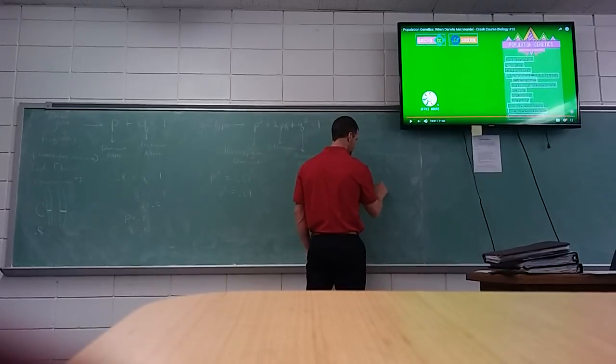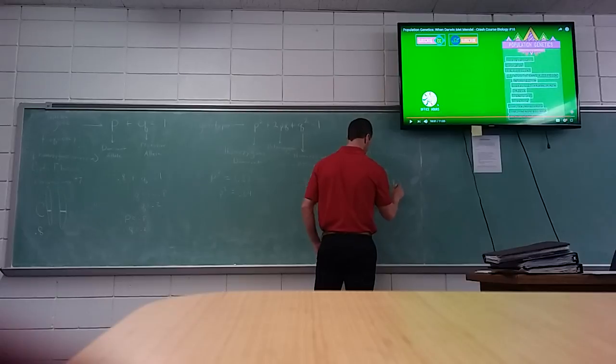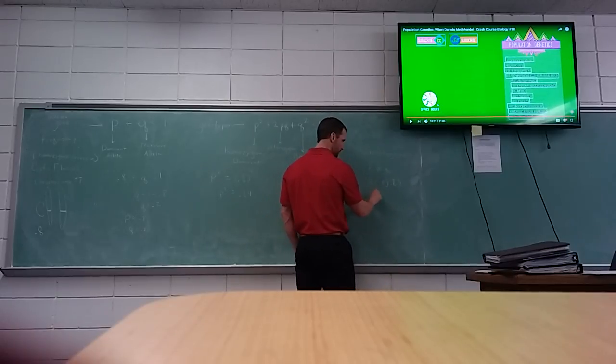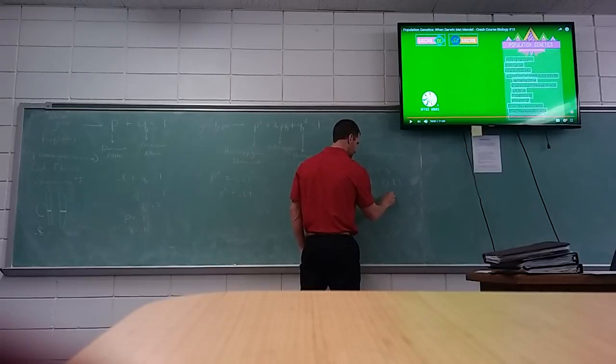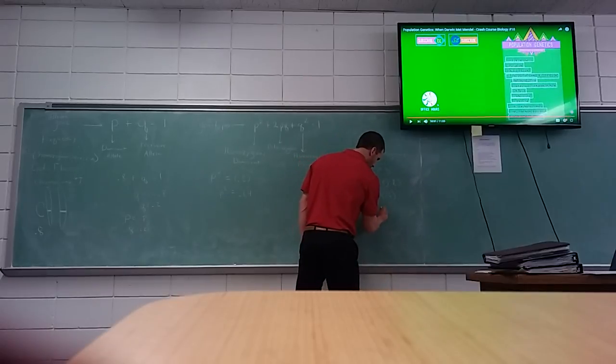So 2 times 0.8 times 0.2, so we can just do 2 times 0.16, which is 0.8 times 0.2, and then this will give you 0.32.